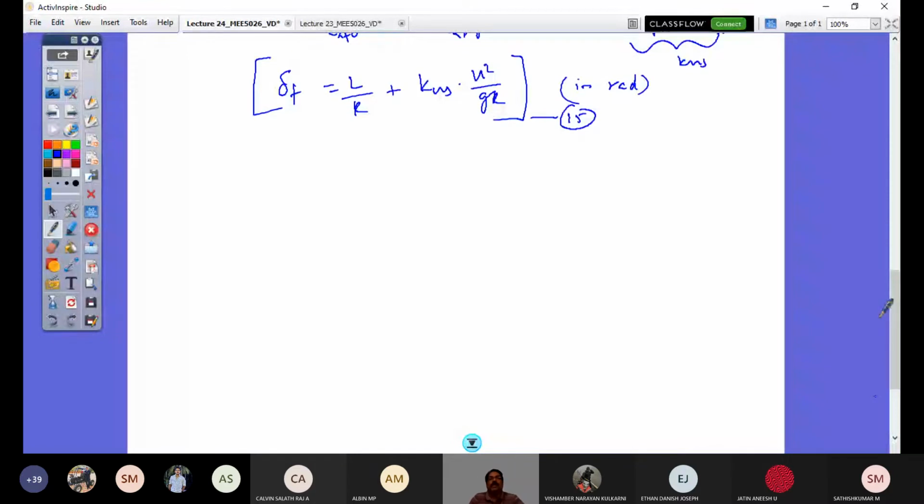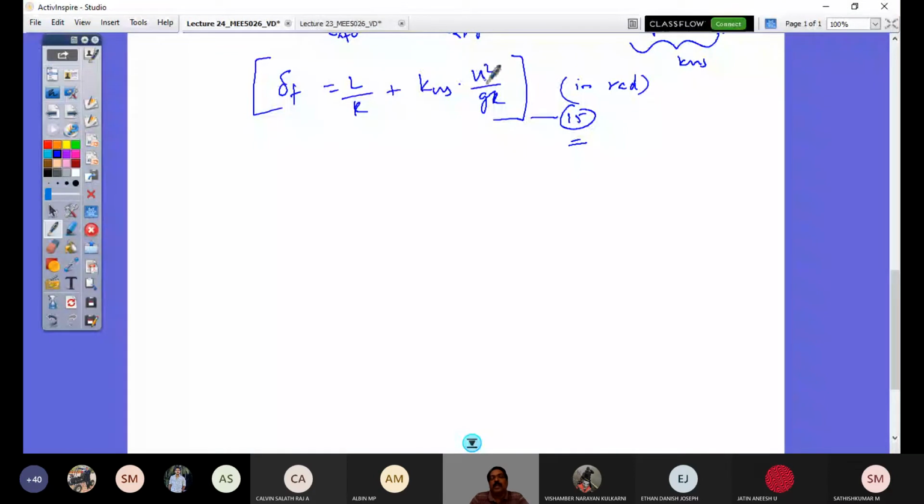Look at what is on the left hand side, delta F, that is the steering angle requirement. The steering angle required to negotiate a given curve is what is given by this equation 15, and that essentially depends upon wheelbase, turning radius, and the vehicle speed.